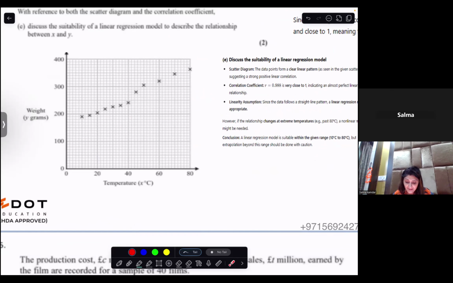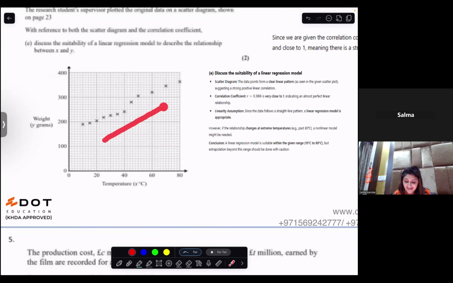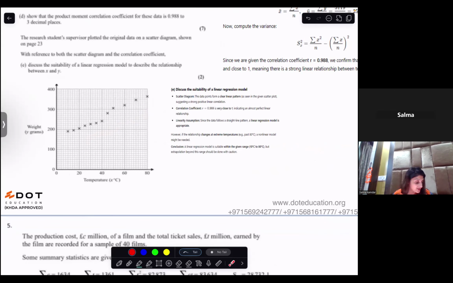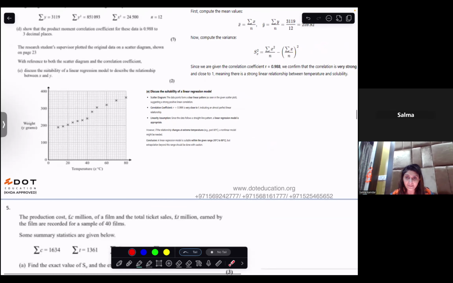So since I want to discuss the suitability, since the data is following a straight line pattern, the linear regression model is appropriate, which would hold for the data within the range 10 to 80 degrees. If it goes any way beyond 10 to 80, it would be extrapolation. So with this, we complete this question.